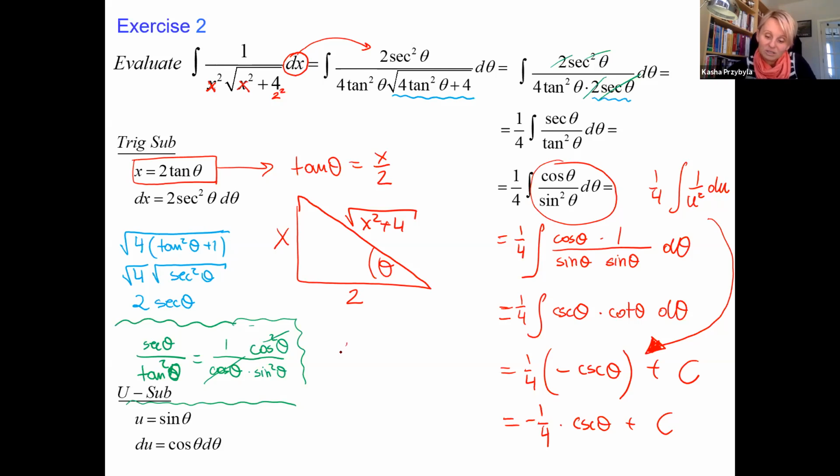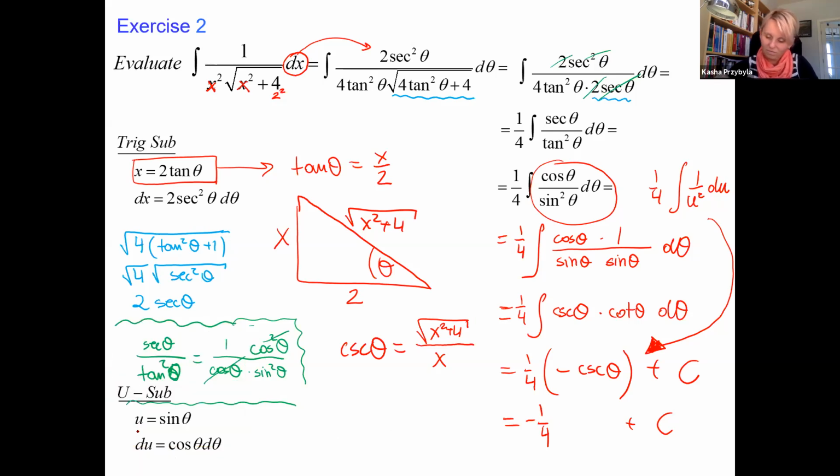Okay, and we need cosecant. Who can tell me the cosecant ratio? Cosecant is 1 over sine, so we can flip sine. You can tell me if I'm right. Yes, okay, thank you. You are a fast typer.